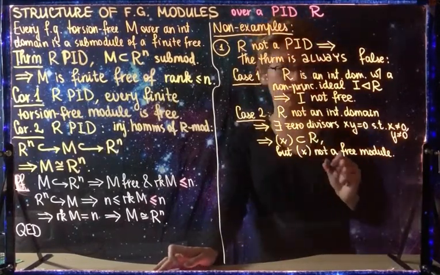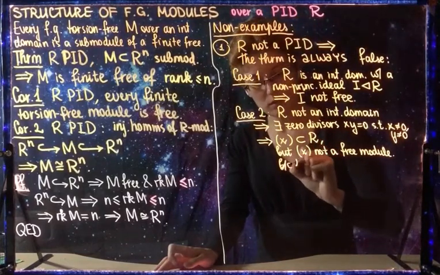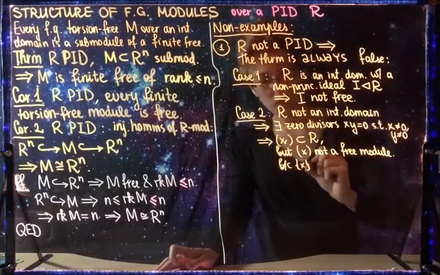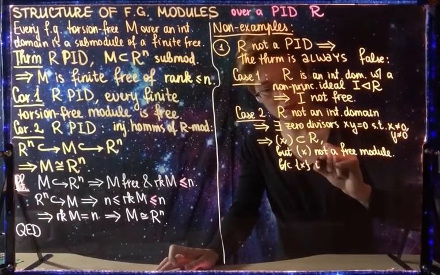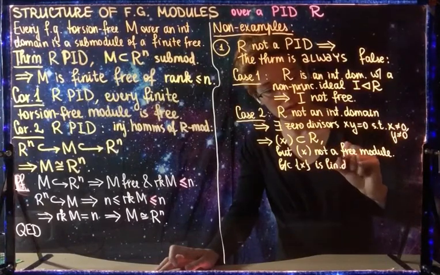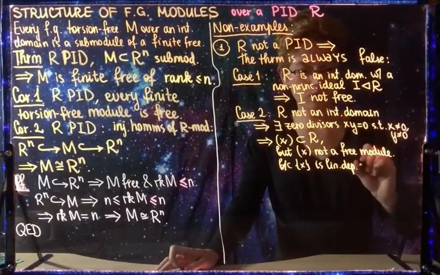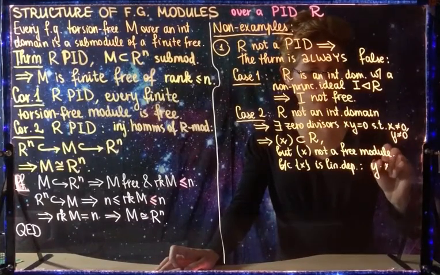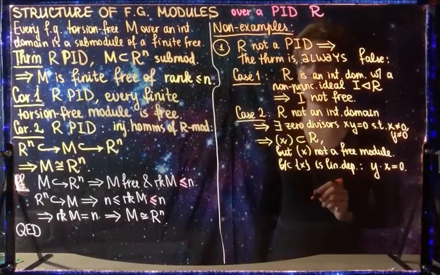Because, for example, element x gives a set that is not linearly independent, with the non-trivial linear combination being y times x is equal to 0.